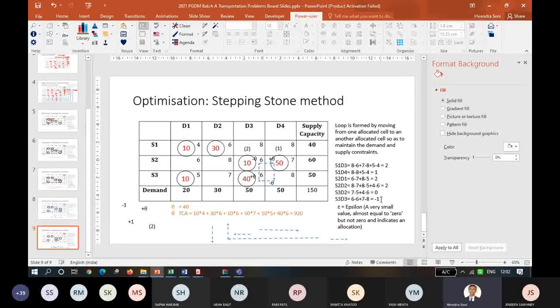Zero means alternate solution is possible. Positive means there will be an increase in cost if an allocation is made in those cells, and negative means if an allocation is done in that cell, it will further reduce the cost by that opportunity cost. So कितना unit डालेंगे into opportunity cost would be the reduction possible.